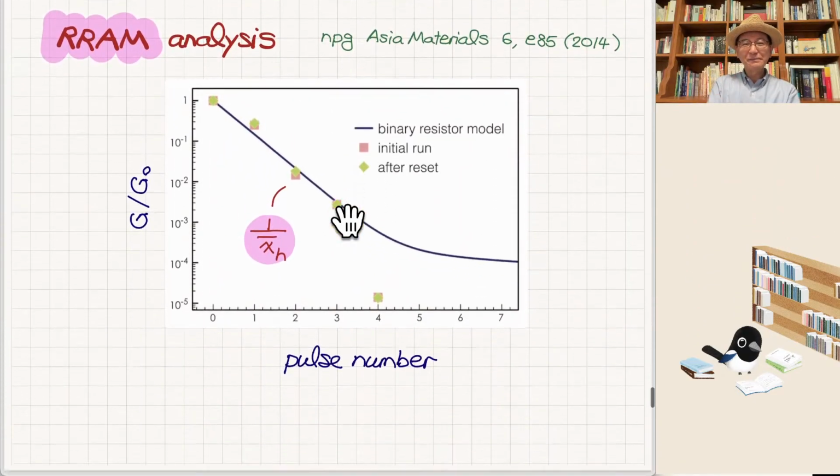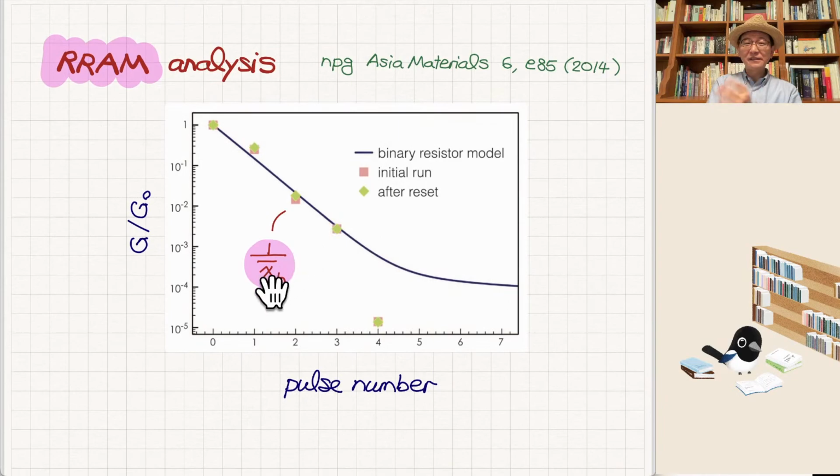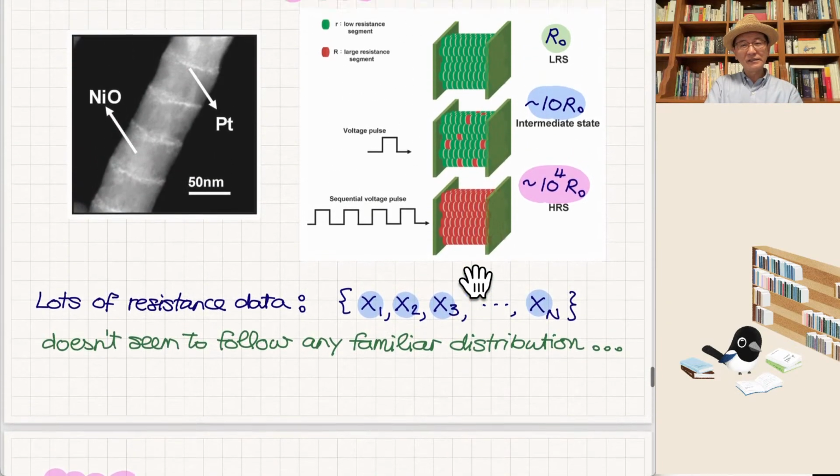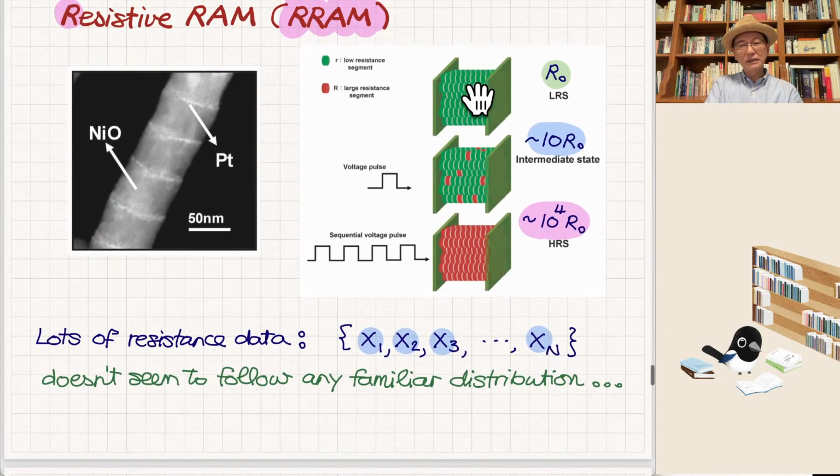So instead of using resistance, I reverse it, compute the average, and reverse it again. Then plotting it, I found that with a very simple binary resistance model, the whole RRAM is composed of lower resistance segments and higher resistance segments. That means each segment is just like the Ising model, either pointing up or pointing down, corresponding to little r and capital R.